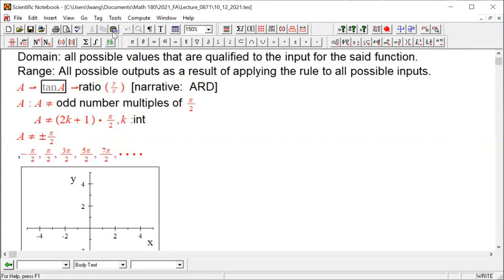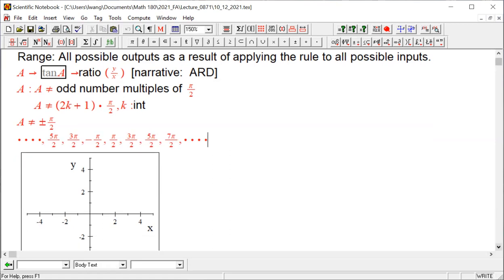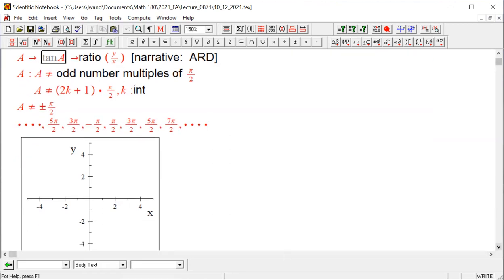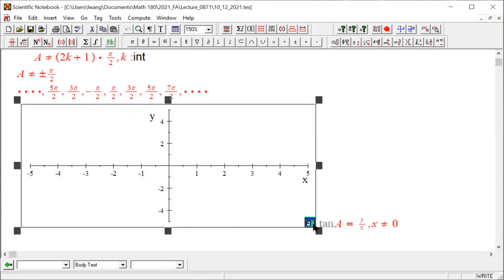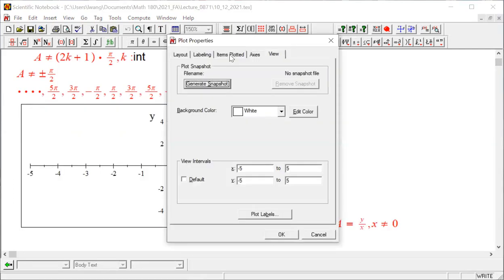Imagine these numbers arranged on the number line. That's how you get those pieces on the tangent. And there are many numbers before and after. So what happened to the tangent curve?